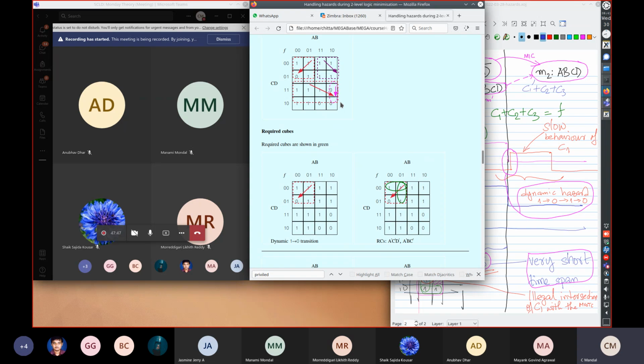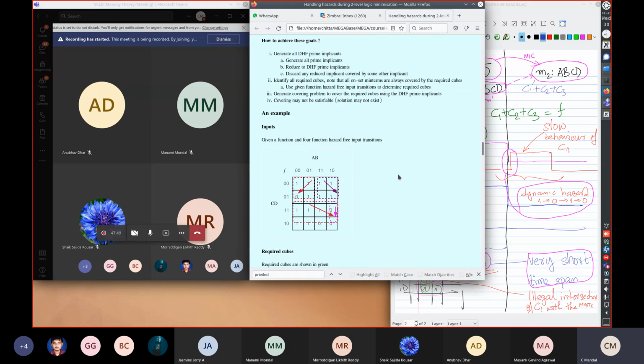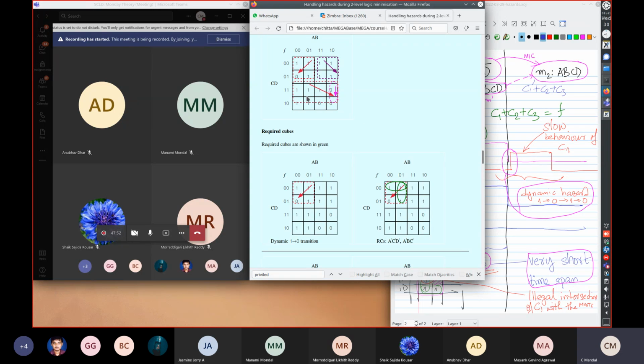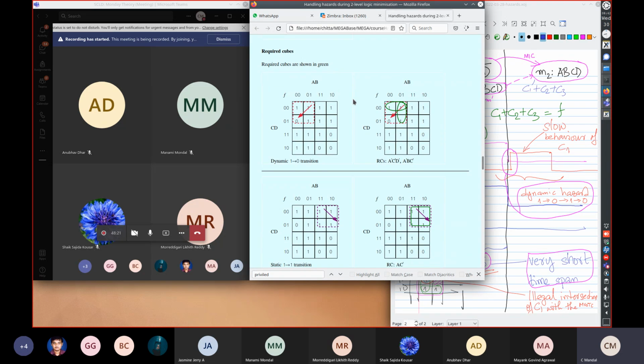Over here, I think this one might be a little big. It would be enough to consider this cube. This one seems to be a little big. I think this arrow was probably not drawn very correctly. I think it should be from here to here.